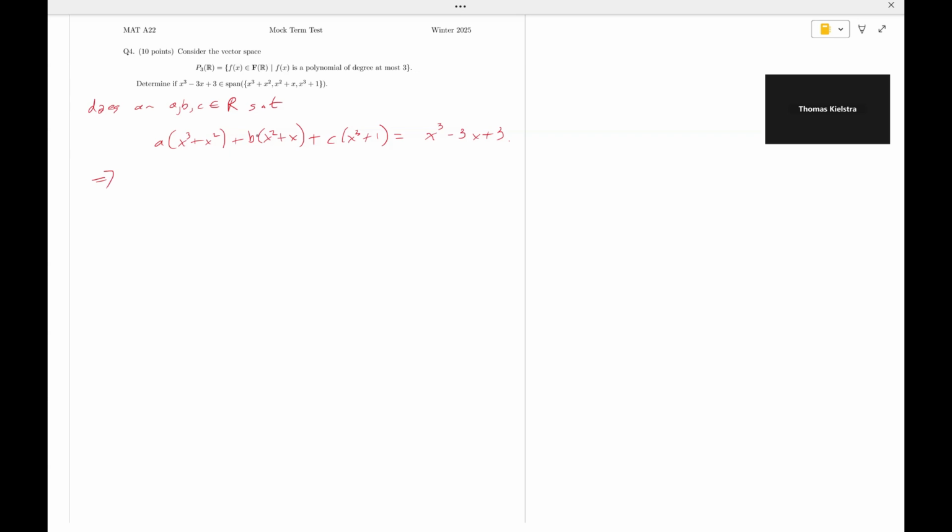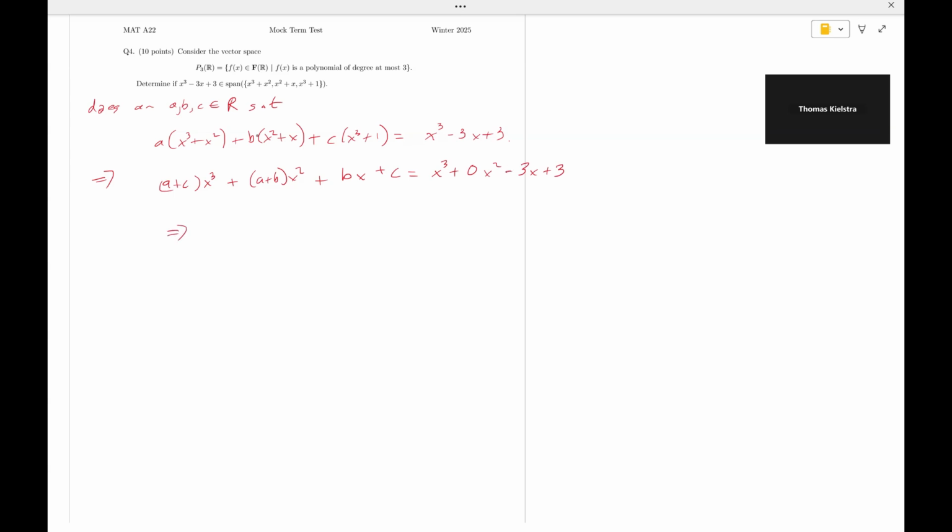This would imply that (A plus C)x cubed plus (A plus B)x squared plus Bx plus C equals x cubed plus 0x squared minus 3x plus 3.